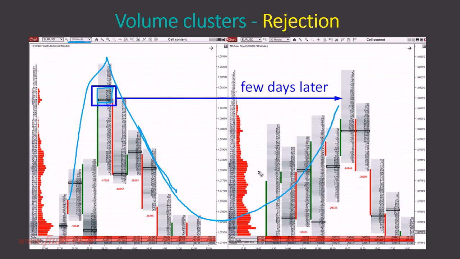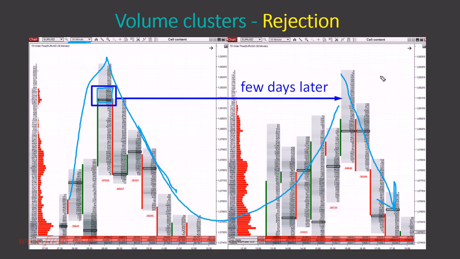Now I had to use two charts because two levels were like 3 days apart, so it's just better visible to do it like this. So after like 2 or 3 days, the price returned back to this area, and this was the reaction to this significant volume cluster. Alright, as you can see, the euro is also pretty volatile. That's just what the coronavirus crisis did to the markets. Alright, so that's for the last example.